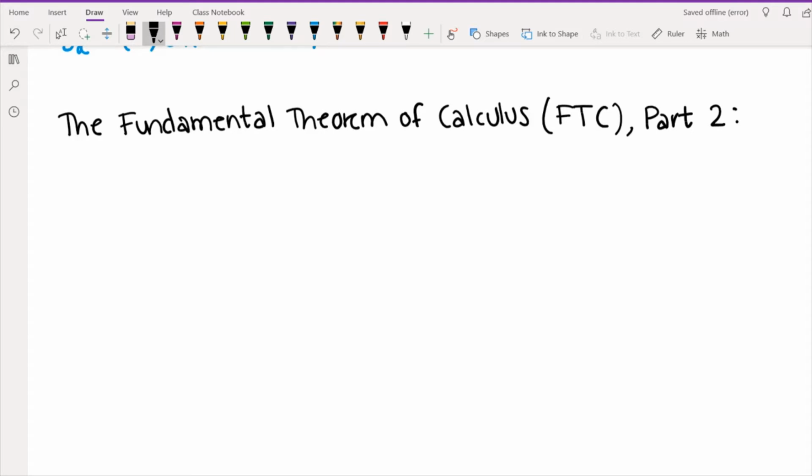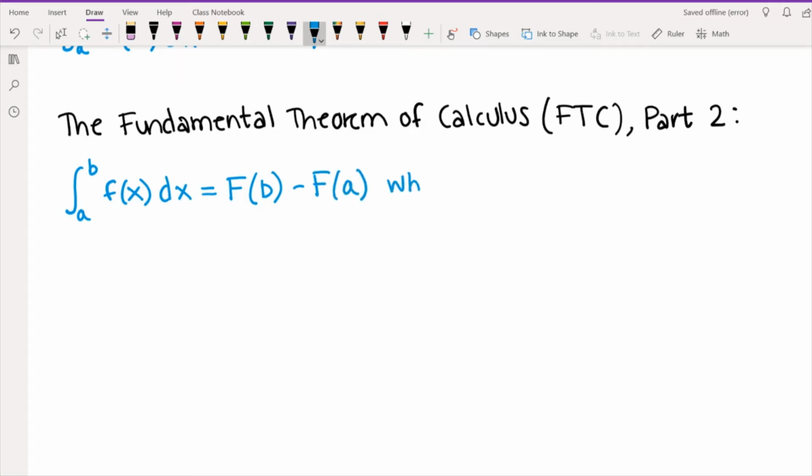The Fundamental Theorem of Calculus Part 2 says, if you are evaluating an integral from a to b of f of x dx, that is going to be equal to capital F of b minus capital F of a, where capital F of x is any antiderivative of f of x.